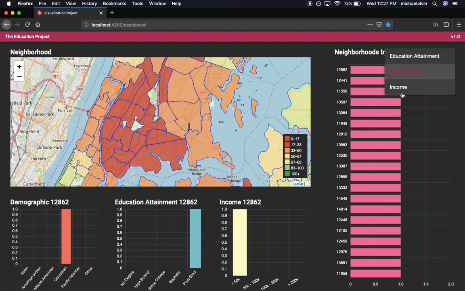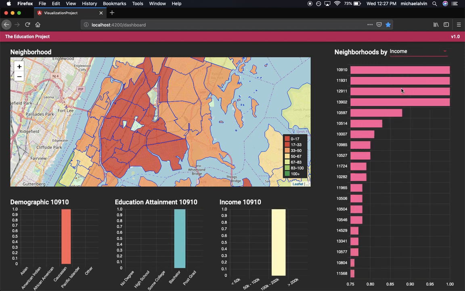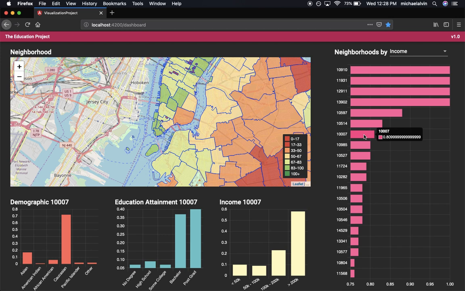Income simply rates the zip codes by the amount of population who makes 100K or more. So you can select any one of these, and it would pop up on the map. You can also change how to measure these metrics, but this is the way that I did it.